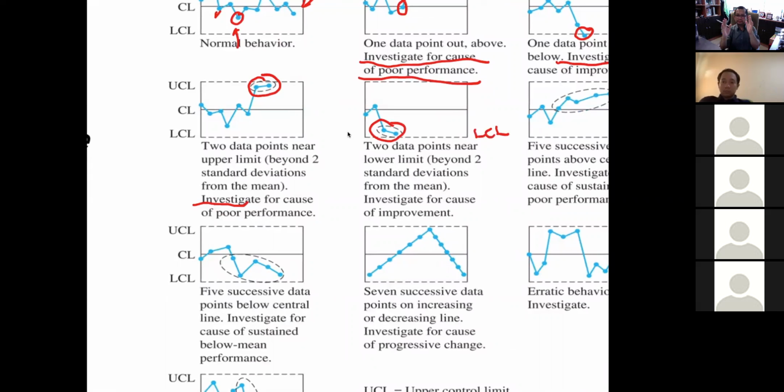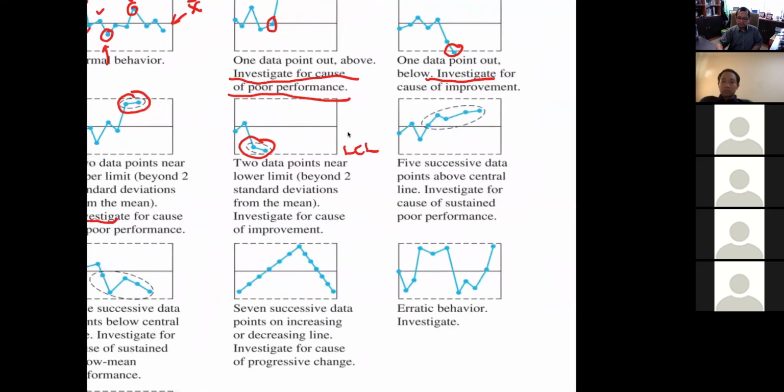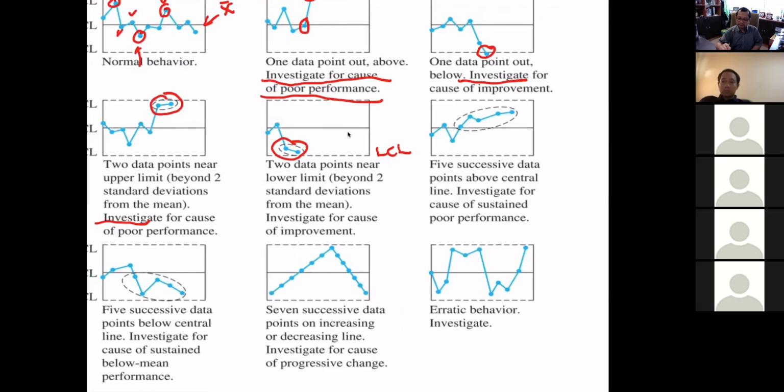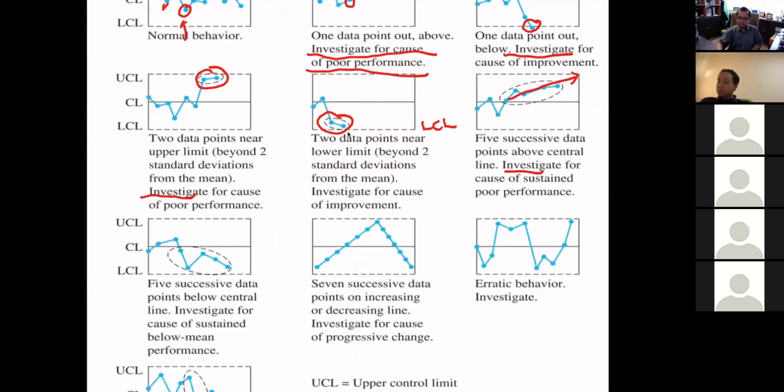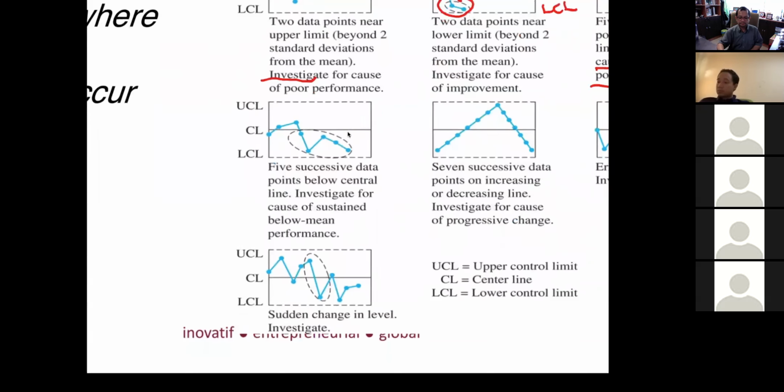So anything close to the upper and lower, you have to find out the reason why. And this one, it seems like there is a tendency toward the upper limit. You have to investigate as well. Cause of sustained poor performance.